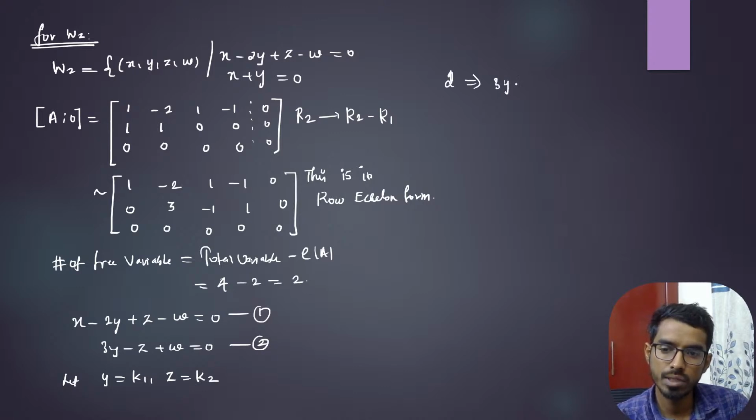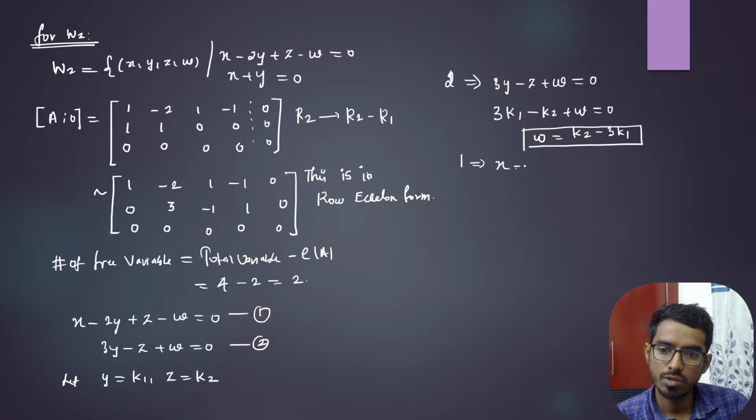From equation 2 we have 3y minus z plus w is equal to 0, so w is k2 minus 3k1. And from equation 1 we need to find x. So x is 2y minus z plus w, which is 2 times k1 minus k2 plus k2 minus 3k1.